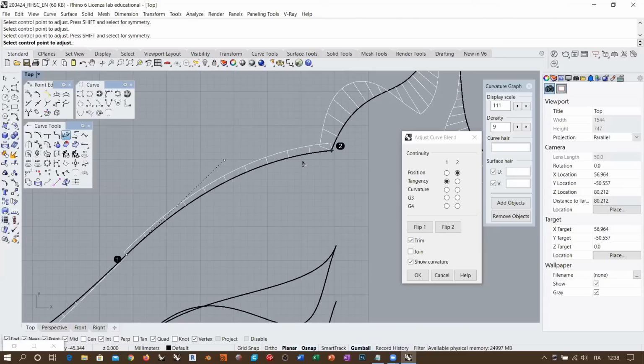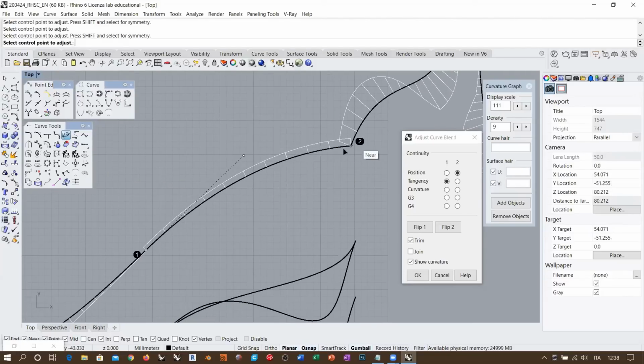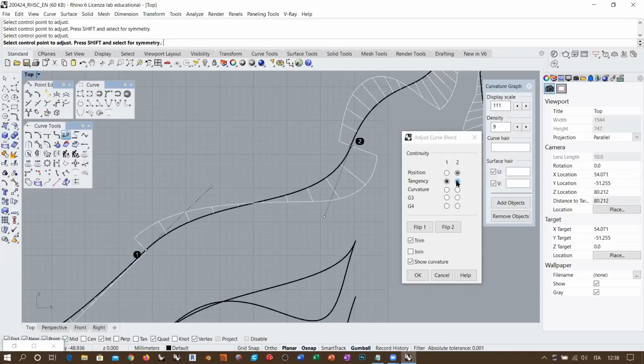You get a lot of information from the curvature graph, okay? Not only the amount of curvature, not in value of course, but in intensity at least. But you also have information about the continuity, the real continuity happening at several points. If I switch to tangency, you see that we have the same situation here.